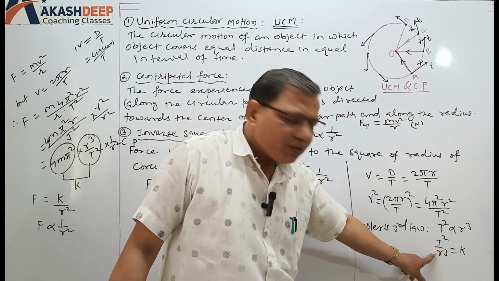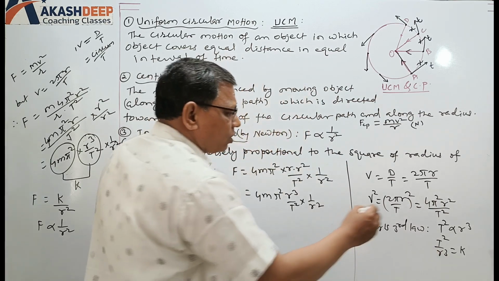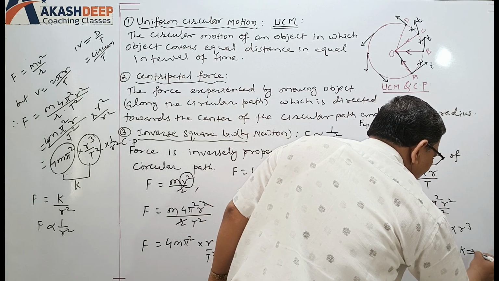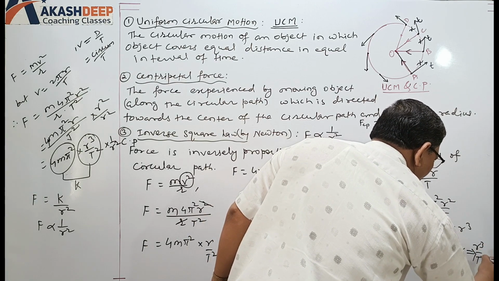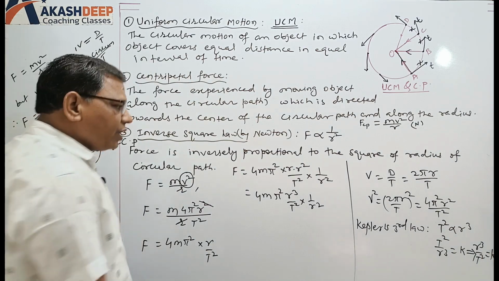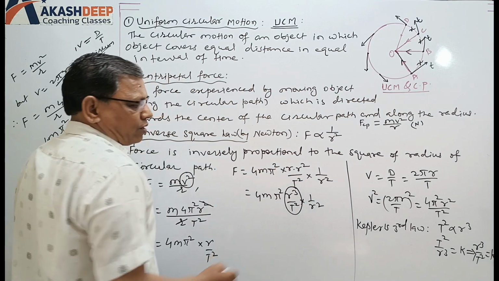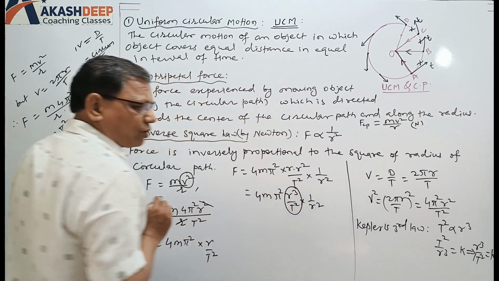That means r cube upon T square is also constant. Implies that r cube upon T square is also equal to k. Now here we will write k for r cube upon T square.